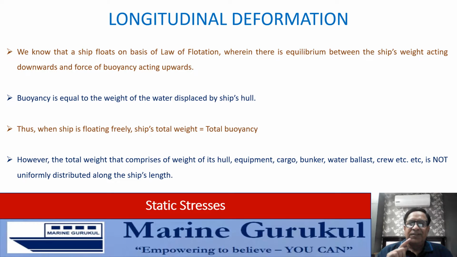However, the total weight, which comprises the weight of the ship including its hull, equipment, cargo, bunker, water ballast, crew effects, etc., is not necessarily uniformly distributed along the length of the ship.